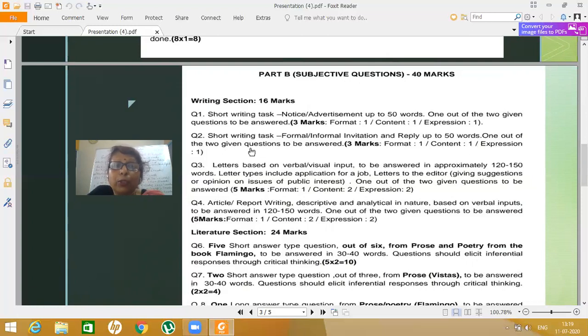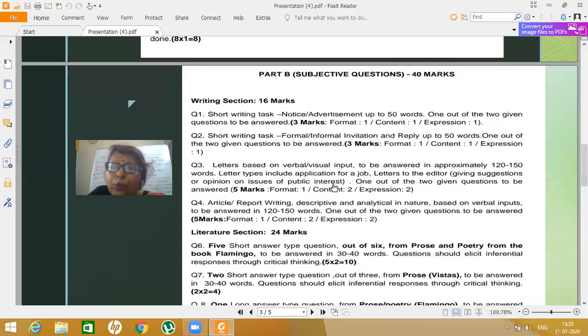Now, question number 3 will be based on letters. Now, what will be the type of letters? Letters based on verbal or visual input to be answered in approximately 120 to 150 words. Letter types will include job application, see, application for a job, and letters to the editor, giving suggestions or opinion on issues of public interest.